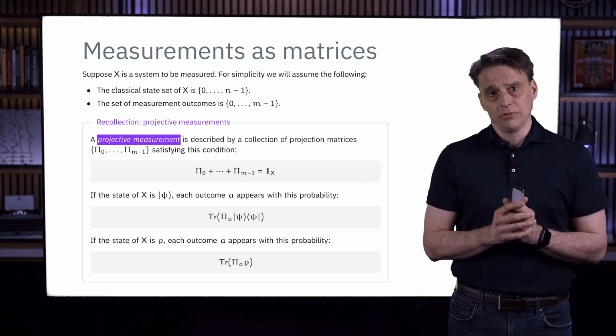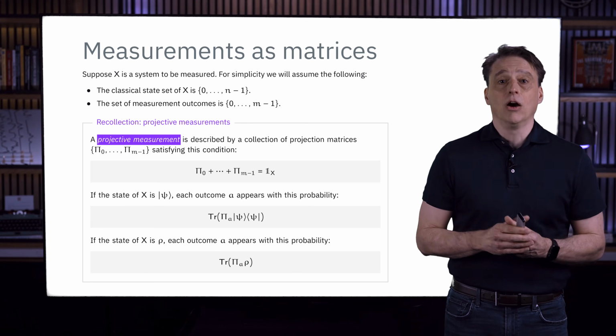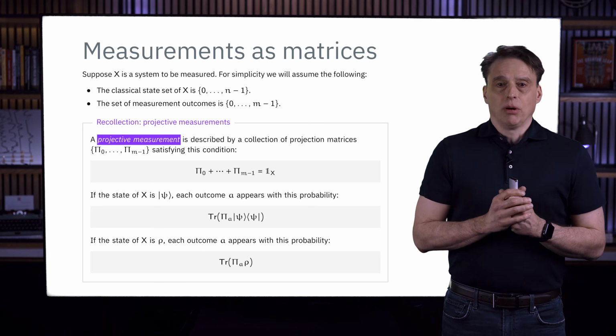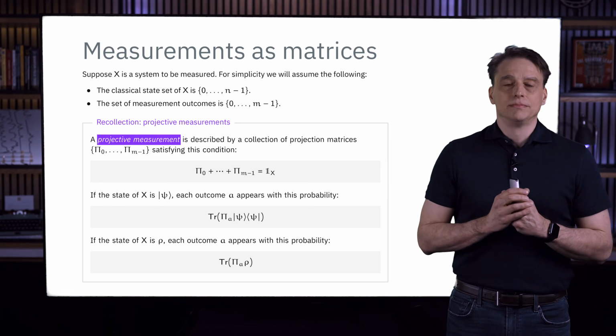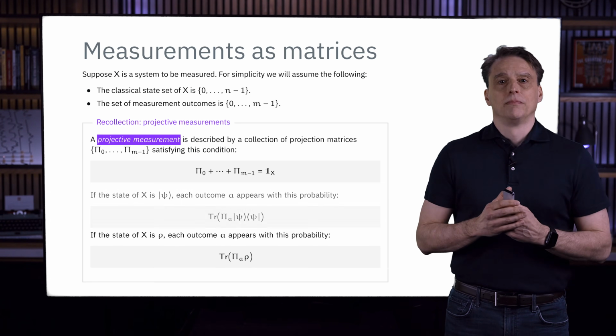That has to be the case because, as we've seen, we can always think about a density matrix as being a weighted average of pure states. And if we average the corresponding probabilities, we get this expression because the trace is a linear function. So that's the expression we're going for.